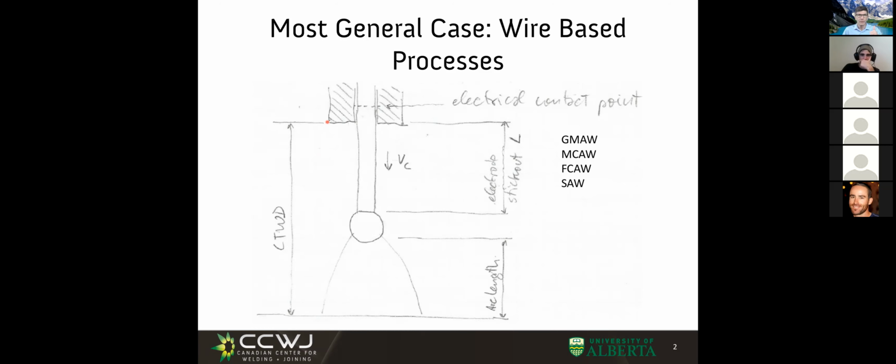This applies to every wire-based process: submerged arc welding, MIG welding, flux core, metal core, and is the distance from the contact tip to the plate. There are subtleties. For example, if all of a sudden this is always the same, then we have the electrode extension, which is the distance between the point of electrical contact.